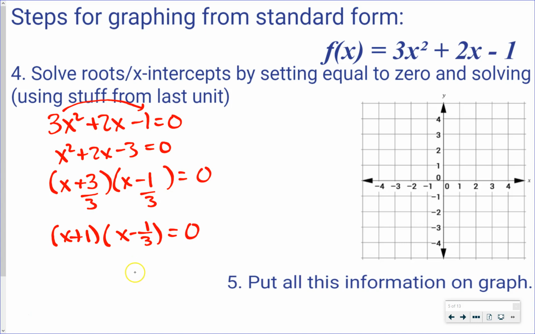Now I can just say x is equal to negative 1 and 1/3. So you could say 3x minus 1, then you would add 1 and divide by 3, and we would get the same thing. So you would not be wrong. It would still work out.